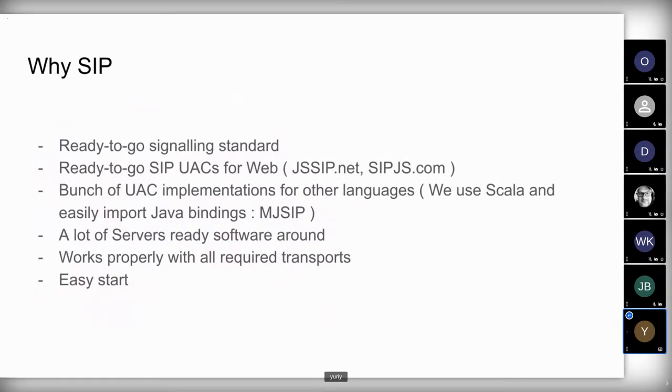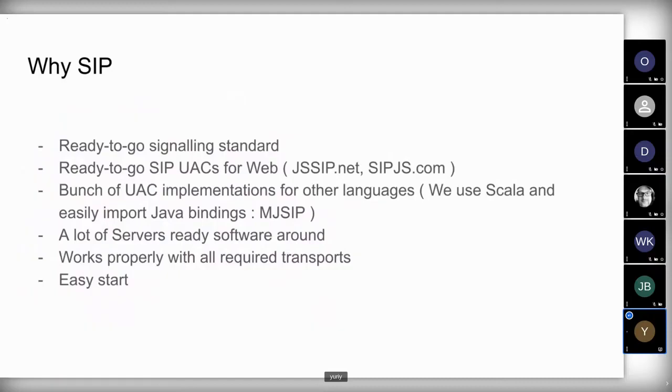Then there are a bunch of UX implementations for other languages. So we use Scala, which easily imports Java bindings, and we use MJSIP as a client on our robot side. So that's specifically for the SIP, and for the SDP, we wrote our own parser.